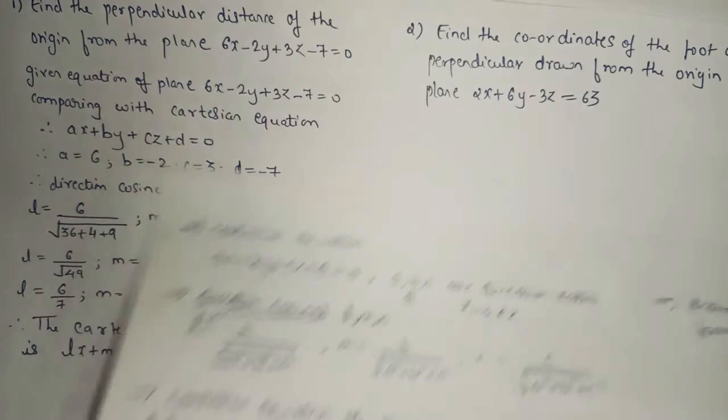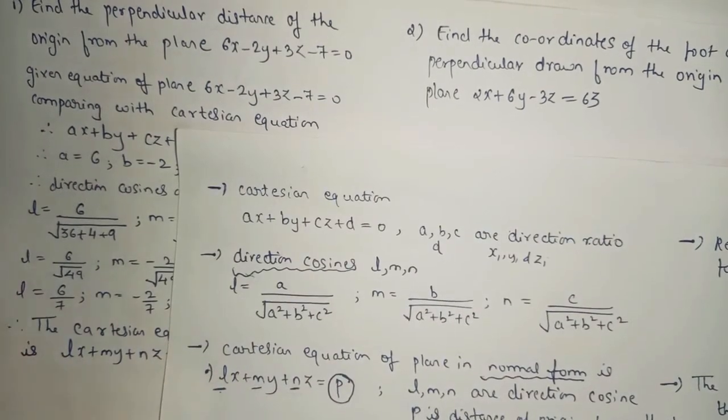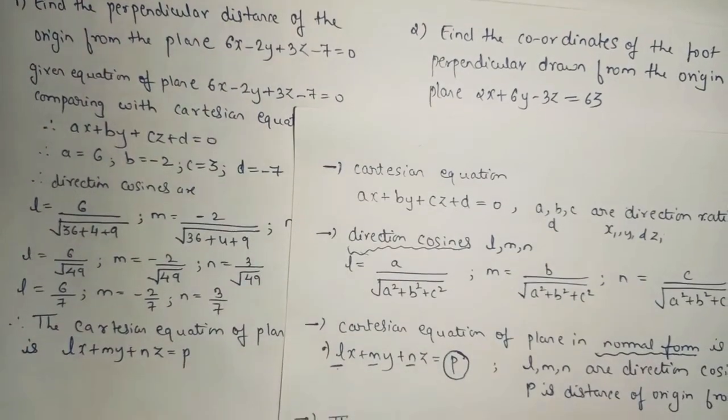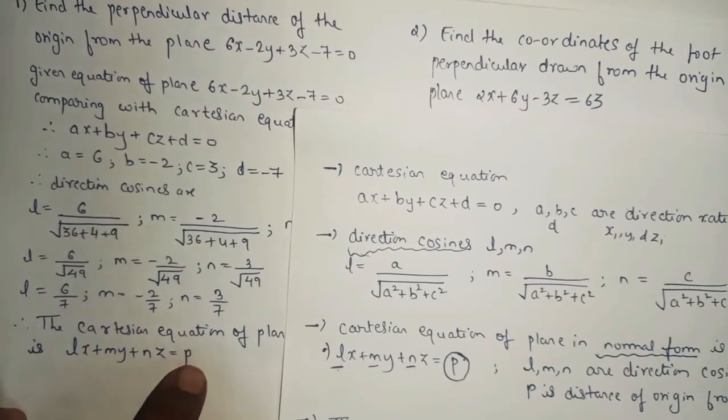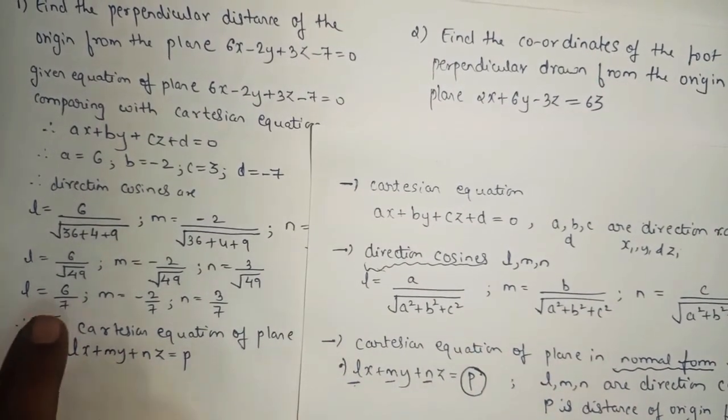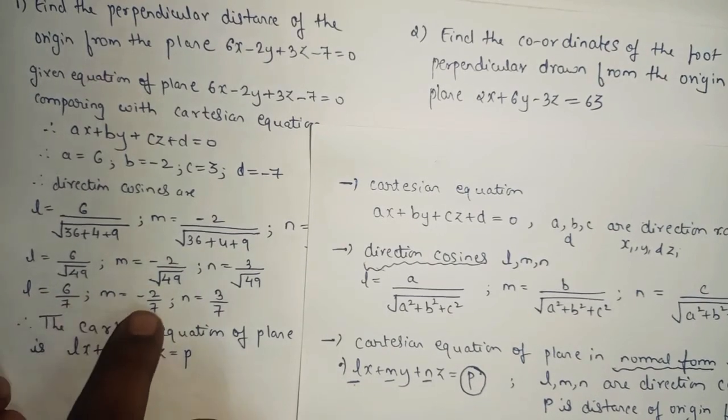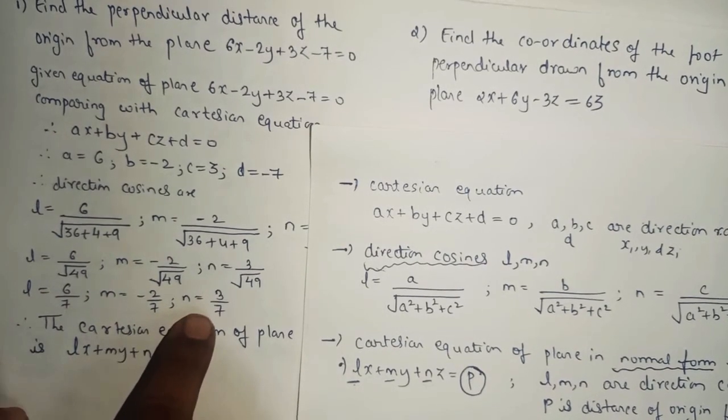Yes or no? This is the formula. We know that lx plus my plus nz equals p. Here we have l as 6 upon 7, m as minus 2 upon 7, and n as 3 upon 7.